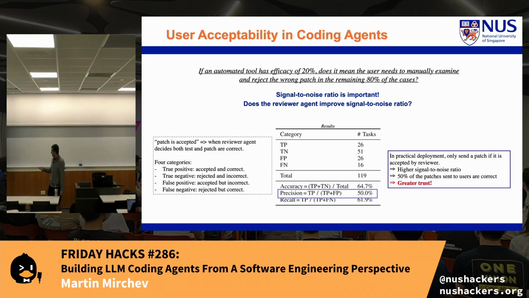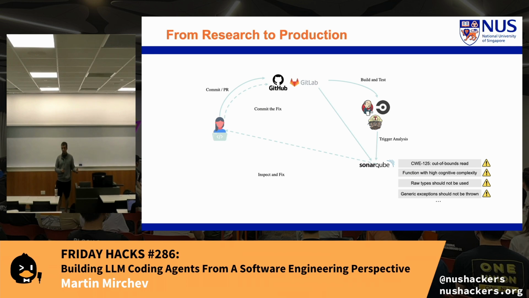Now, talking about the result of this, really the signal to noise ratio, we also focused a lot about the trust and how we want to get artifacts that can be trusted. So in the past year, our research, specifically AutoCodeRover, has been implemented in a production system. I've also been part of the team for that.